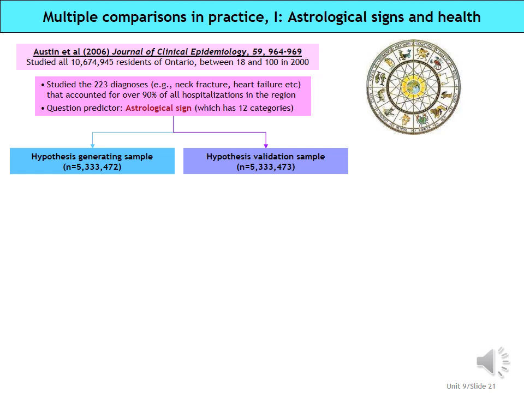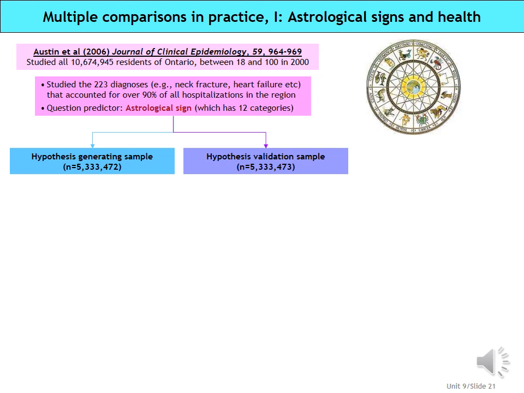They studied 223 diagnoses, like neck fractures, heart failure, kinds of diseases or diagnostic things that they do in a hospital, that accounted for over 90% of the whole hospitalization in that region. And this is the Journal of Clinical Epidemiology, by the way. And they included data from astrology. Yes, they did. To mock it, I guess.